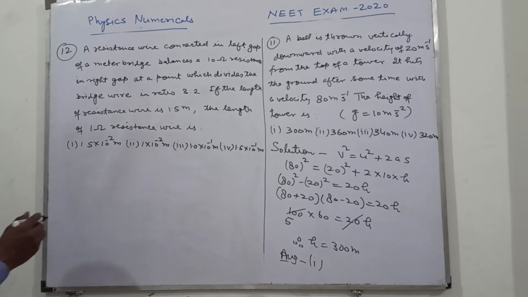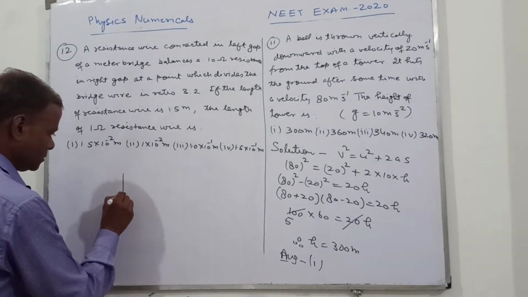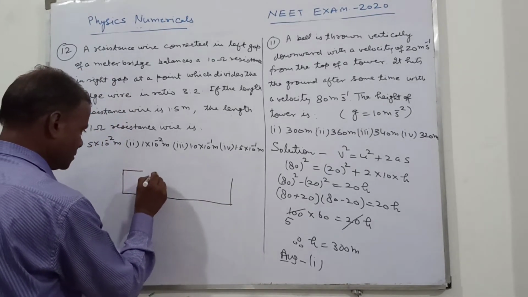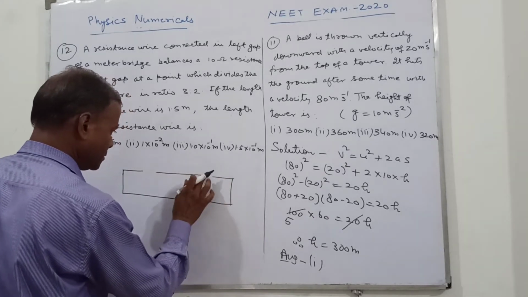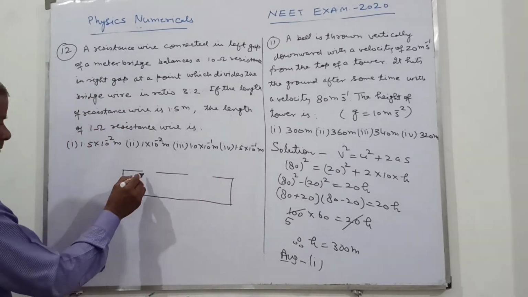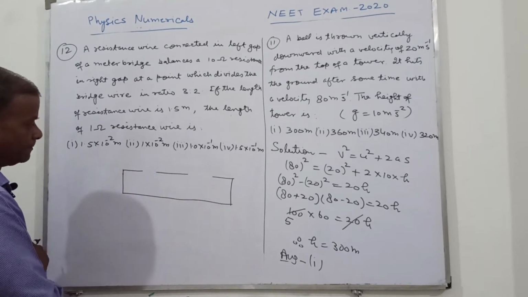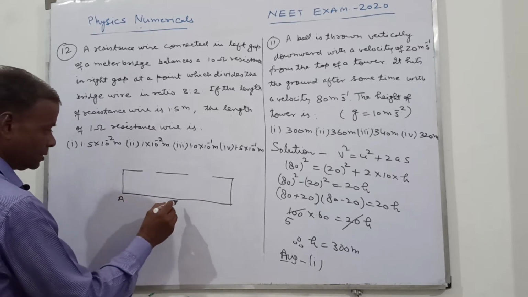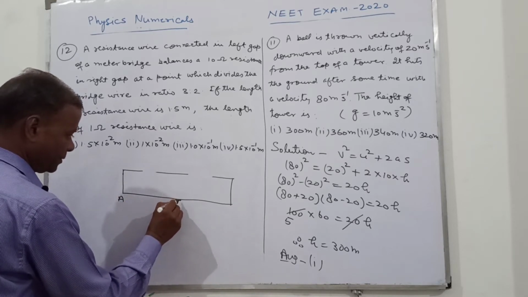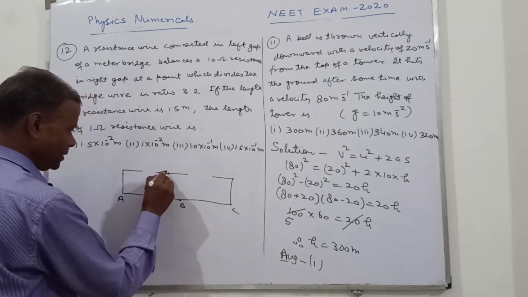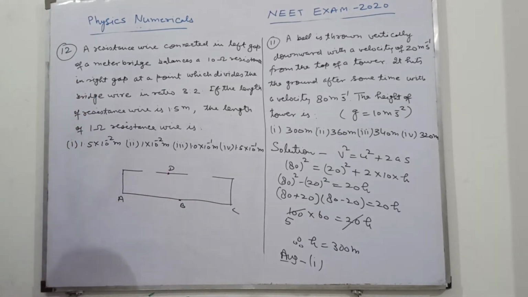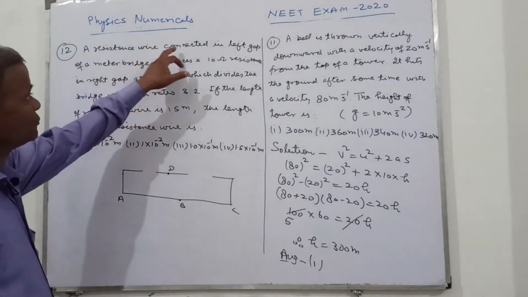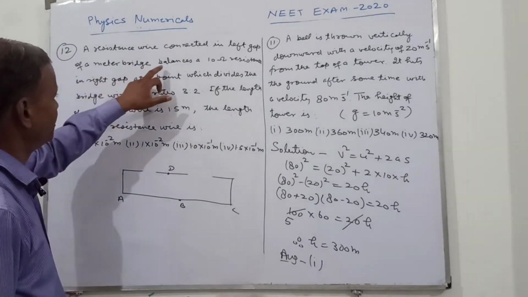So before going to this one, first let us make the diagram. This is the left gap, this is the right gap, and this is the wire. So this is now your A, and suppose this is the point B, this is C, and this is now point D. Now what is given here? It is given that a resistance wire is connected in the left gap of the meter bridge.